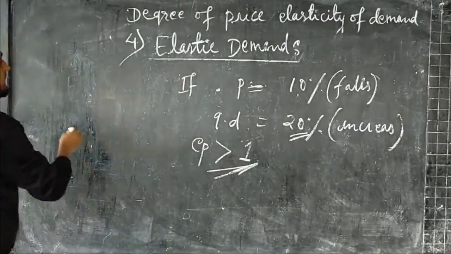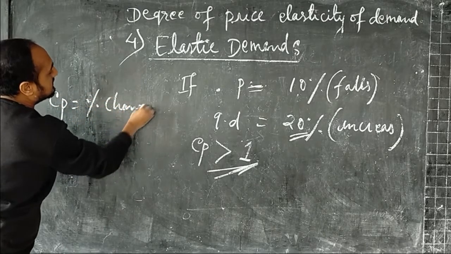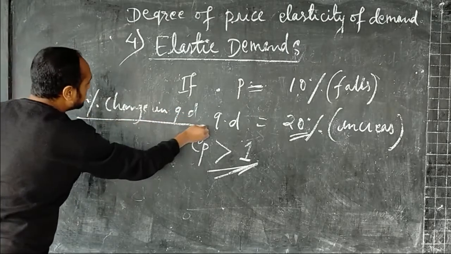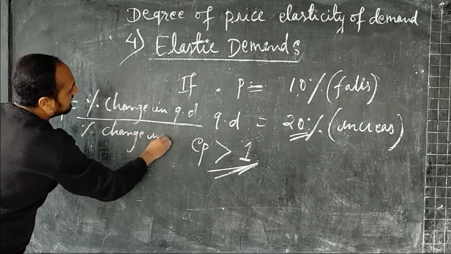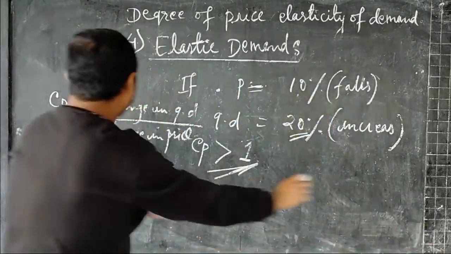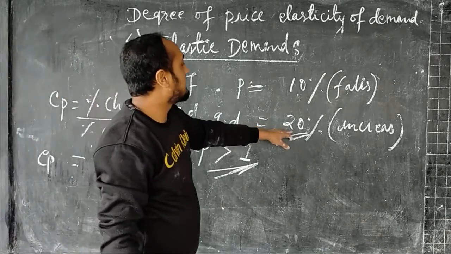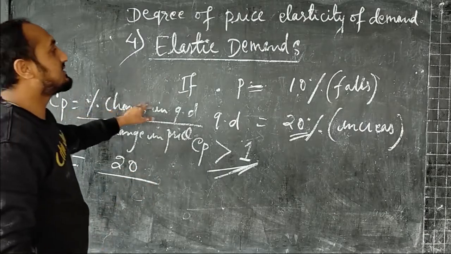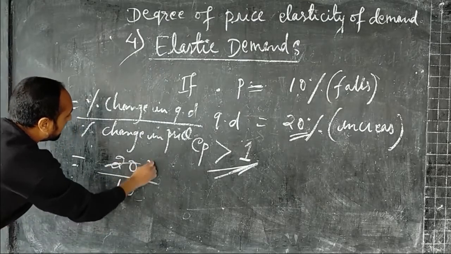We can use the mathematical formula to prove this, whether the value will be greater than 1 or less than 1. So let's take. We know that EP equals percentage change in quantity demand divided by percentage change in price. Now here the quantity demand is changing by 20%. So put 20 divided by percentage change in price, we have 10%. So put 10. Now if we divide, it will be 2.